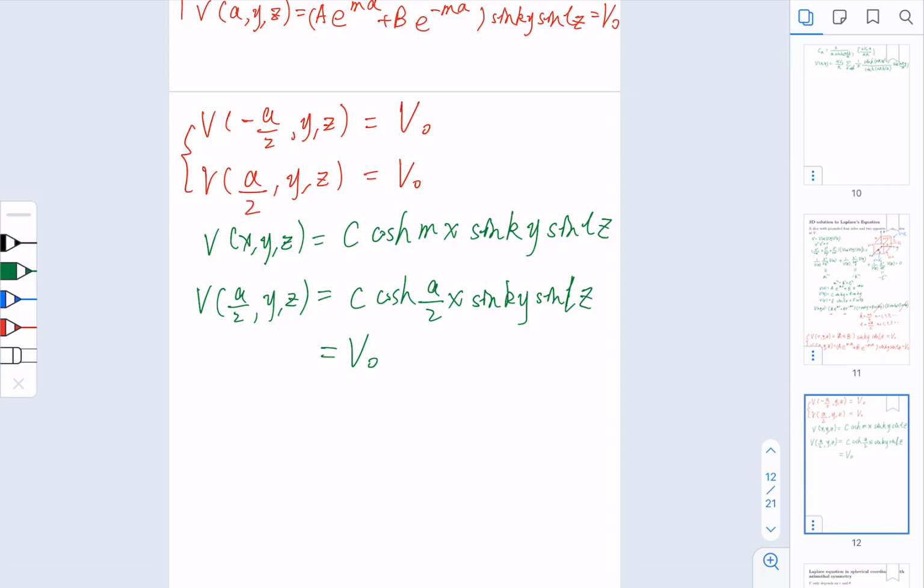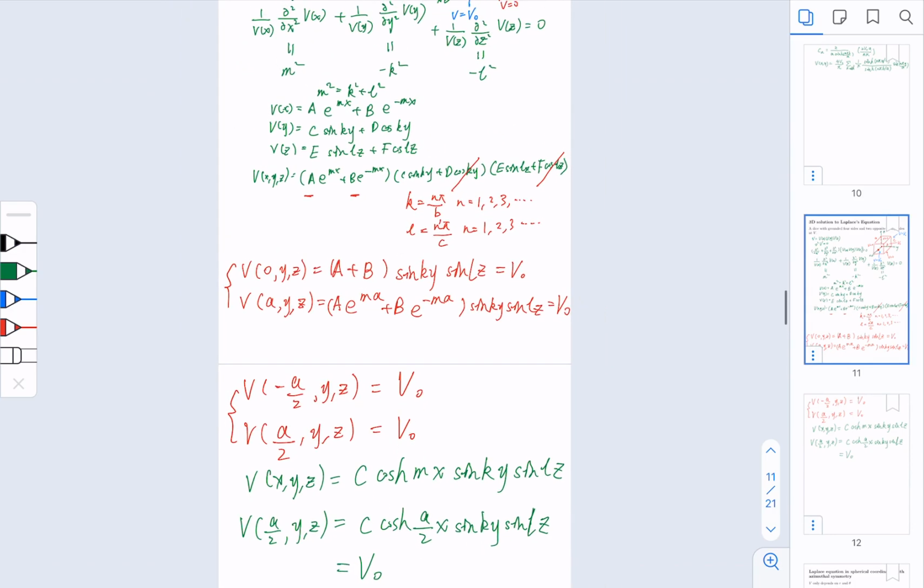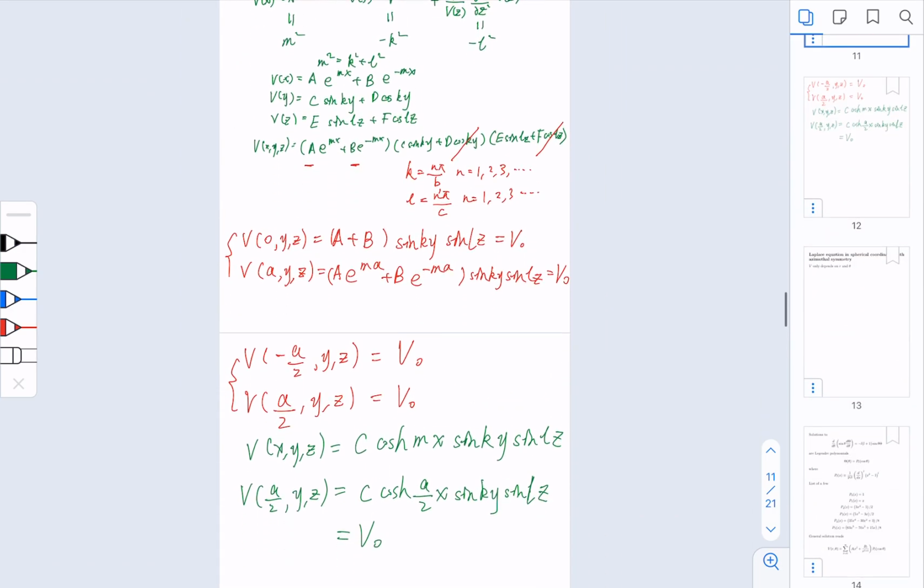So from this, c should be a function of n and n prime.